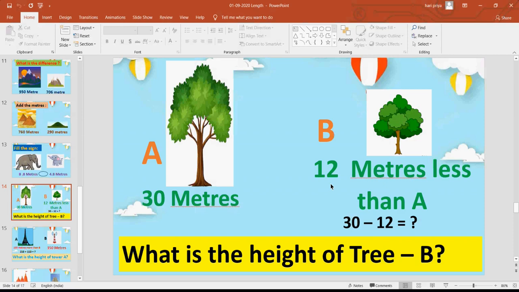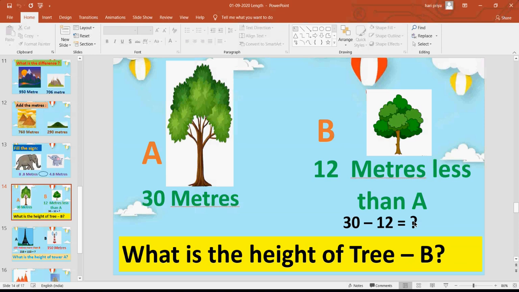So what are you going to do? Less means what? You are going to subtract it. So the clue word is less. Less means we are going to subtract. So 30 minus 12. If we find the difference between 30 minus 12, you will get one answer. That will be the height of the small tree.